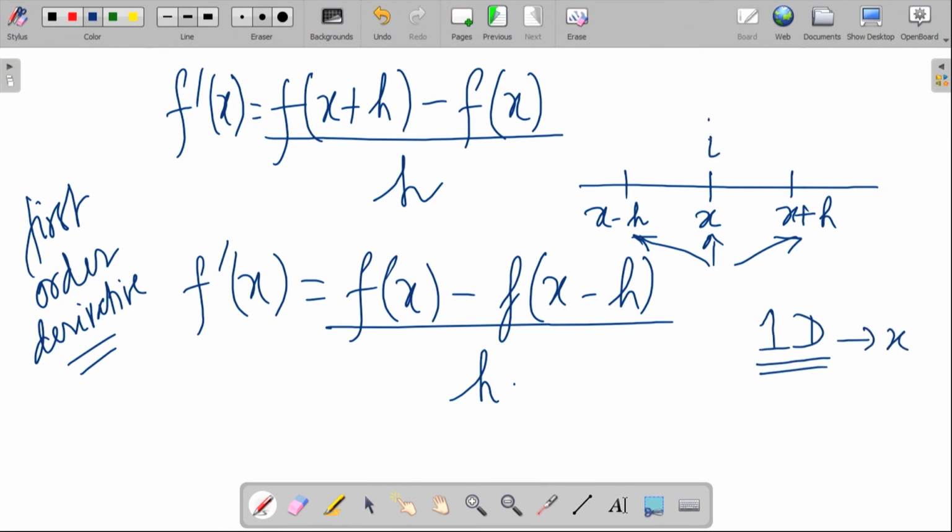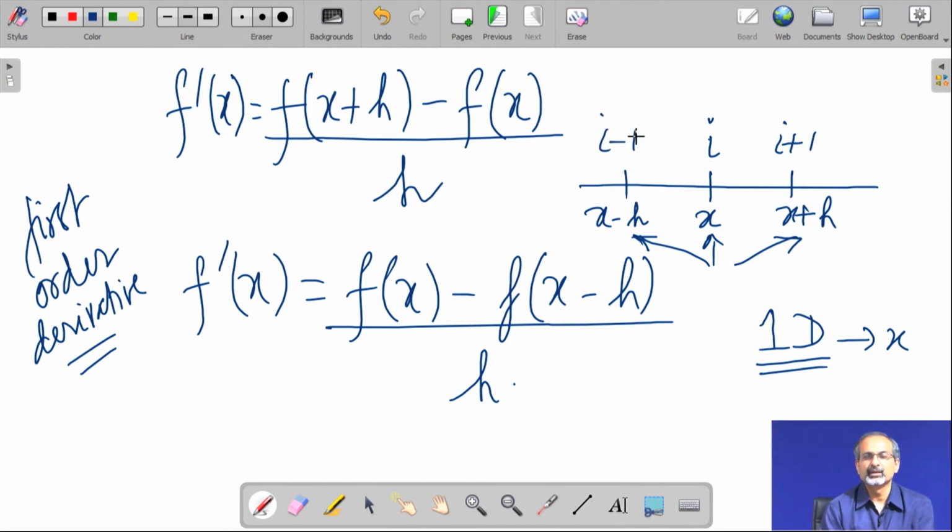I can use one index, let us say I, to indicate a certain location. Its neighbor could then be called I plus 1 to the right, I minus 1 to the left. This is the typical grid nomenclature which we follow, indicating points in space using a simple nomenclature, a single letter I or j, and if it is neighboring points it could be I plus 1, I minus 1 when it is one dimensional space.